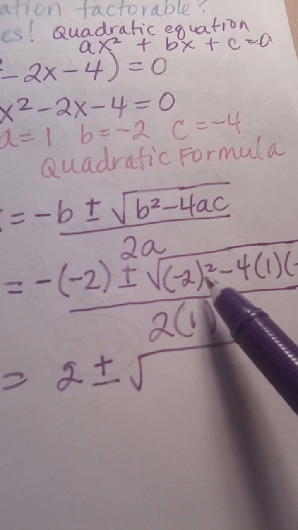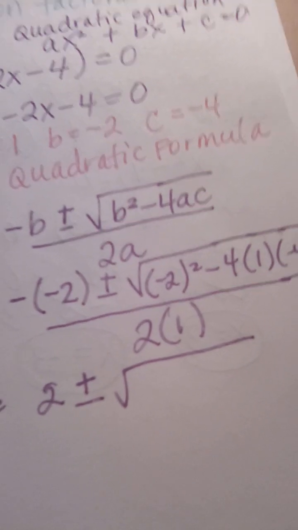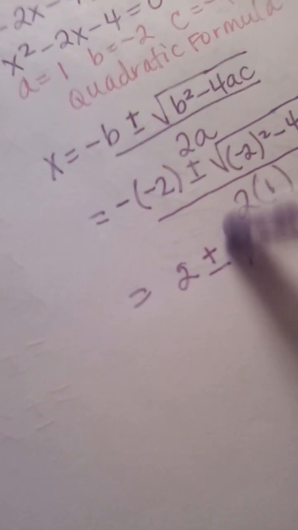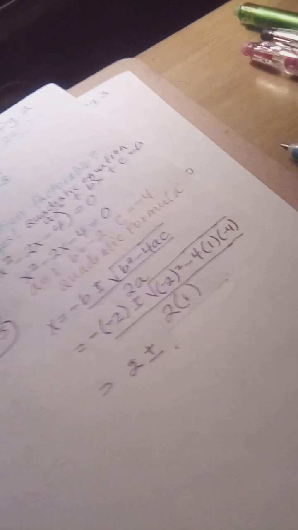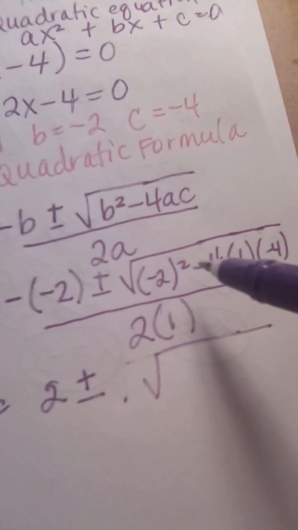That gives us 4, I believe. Yeah, 4. Oh, I should have done this. It's all right. I'm going to sit on the side. Okay. Do it right here. We got 4, right?